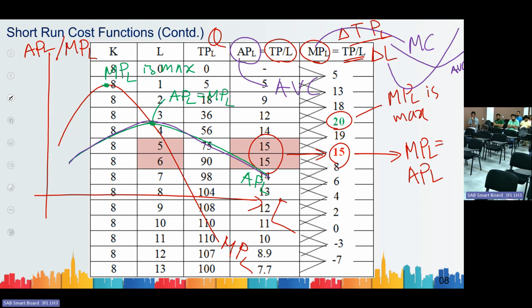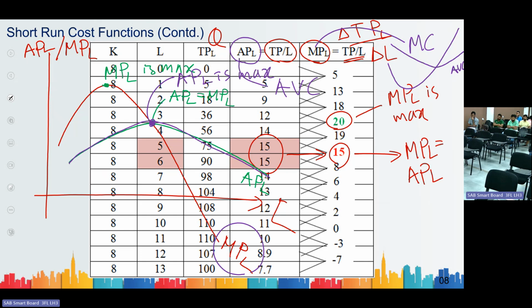This has an inverse U shape, which is MPL. MC has a U shape. This also has an inverse U shape. AVC has a U shape. And APL and MPL are equal here. At the same point, APL is maximum.